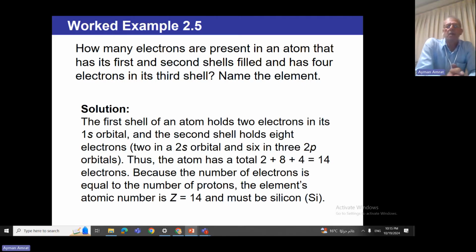So the total is 14 electrons, meaning 14 protons. We know that in an atom the number of protons always equals the number of electrons, so we count the number of electrons, 14, and the atomic number should be 14. The 14th element in the periodic table is silicon. From the periodic table we can name the element. The element is silicon.